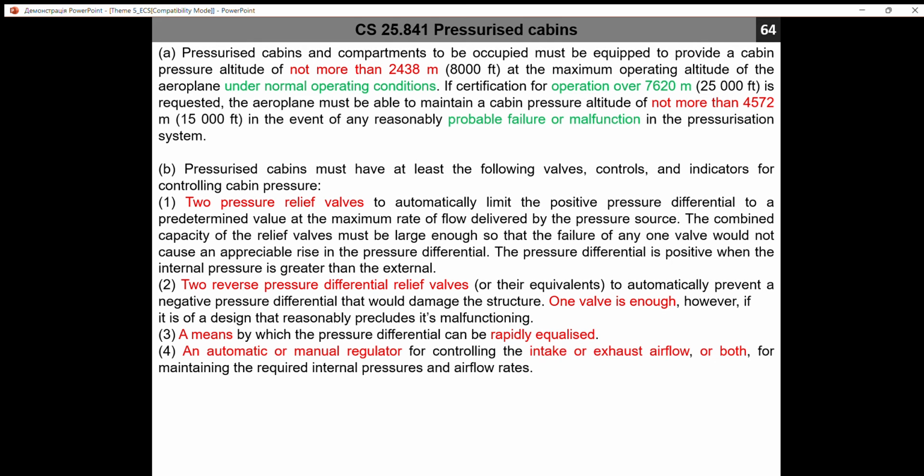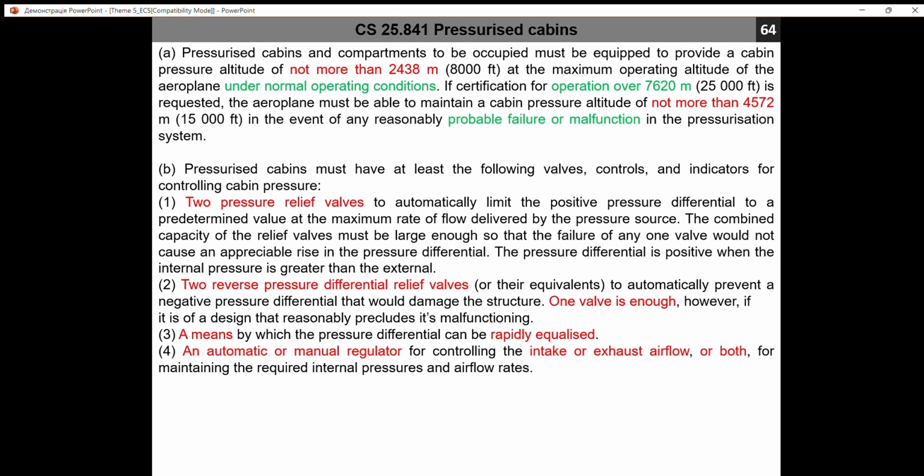What do we need to know about the pressure cabin? First of all, we decided not to keep the pressure in the cabin the same as on the ground. We will decrease this pressure, and we must decrease it from the point of view of strength.